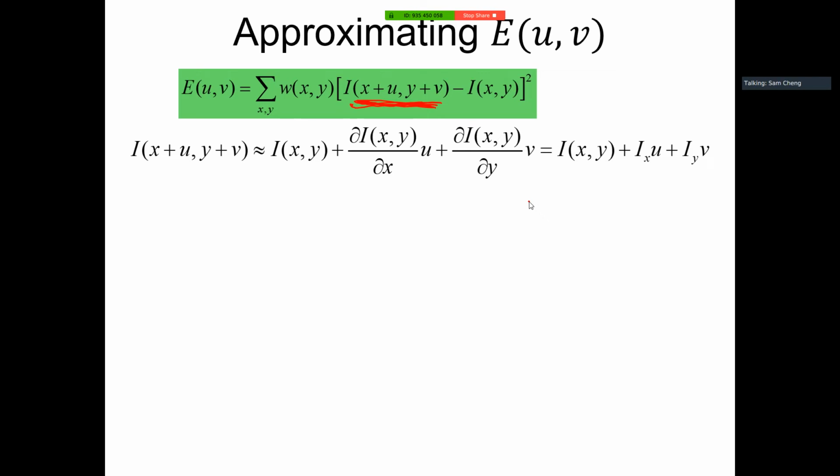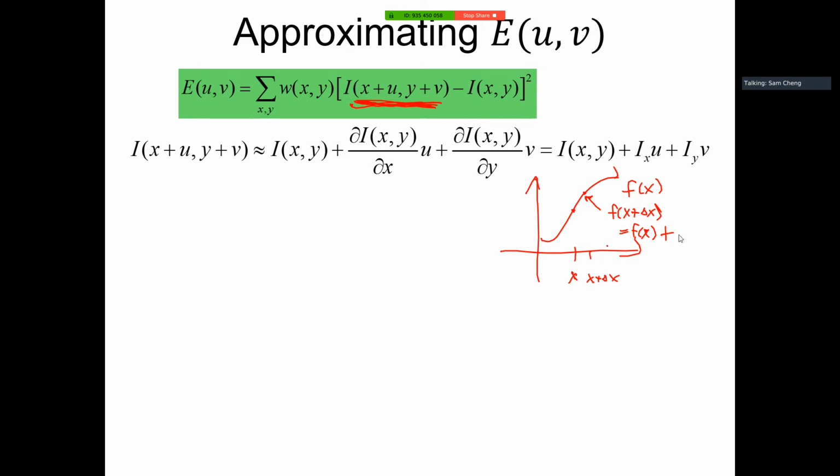Just want to check that you guys remember what Taylor is. The Taylor series expansion is, for example, for a 1D function, if I have f(x) here, and I start at this point x, and I move a little bit to x plus delta x, I can approximate the value of this point f(x plus delta x) as f(x) plus the slope multiplied by delta x.